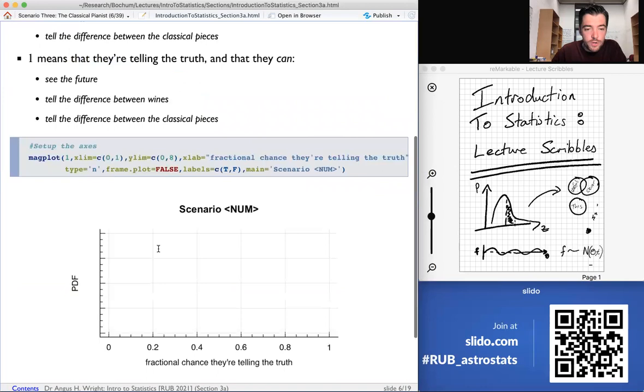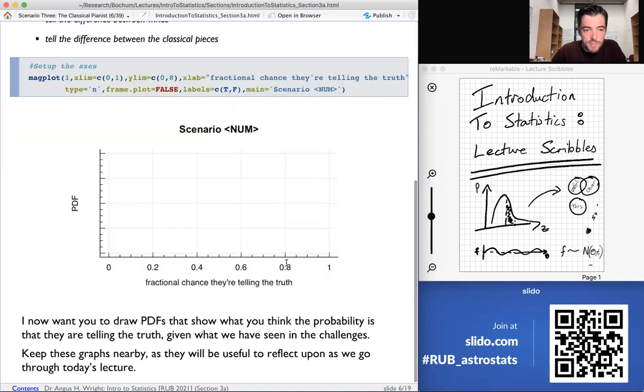So this is what your new axis should look like, something like this. And what I want you to do now is draw an updated set of curves, similar to what you had from the last curves, but now updated to reflect what you think, having seen the data.